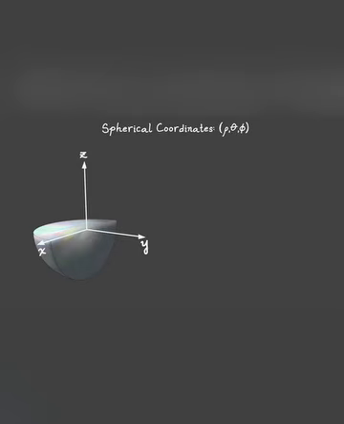For example, if I let the density be proportional to 1 over rho squared, then there's no way that I'd be able to find the mass of this object. But spherical coordinates says all we need to do is change our density formula to be k over rho squared.